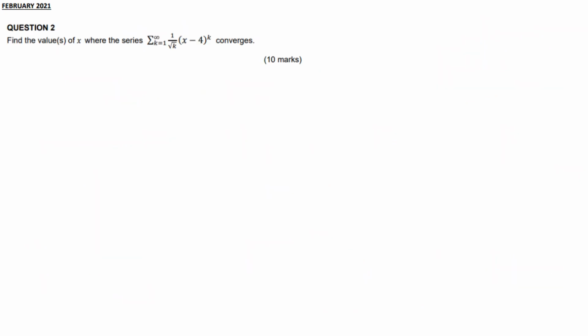Okay, now we proceed with the power series question. This is from February 2021. So the first step is you have to apply the ratio test for absolute convergence. Okay, you have to write: apply ratio test for absolute convergence.